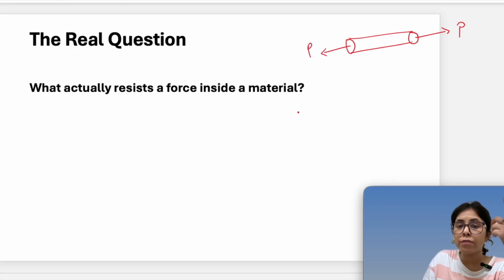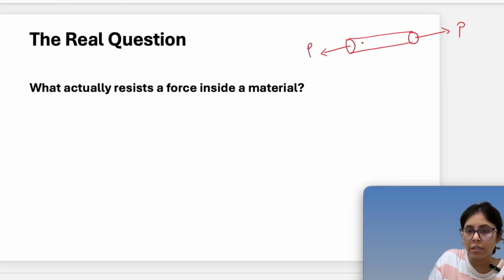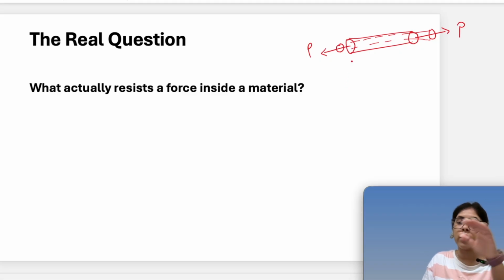And will the material be able to resist that force or not? With the force, will it deform itself? I mean, will it become something like this? It will stretch and deform. So will it deform itself, or will it resist its deformation with respect to the force? That depends on how strong the material is.